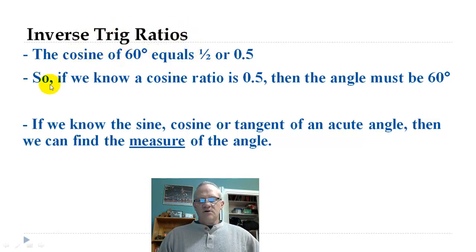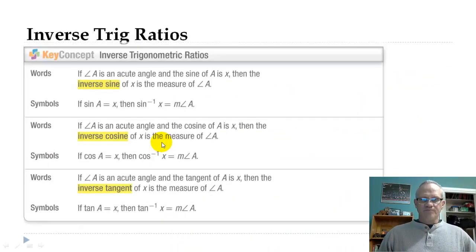If we know that we have a cosine ratio of 0.5, then we know it must be a 60-degree angle. Instead of finding the cosine of 60 and getting the fraction or decimal, if I have a fraction or decimal, this will take it back to the degrees. So if we know the sine, cosine, or tangent of any acute angle, then we can find the measure of that angle.